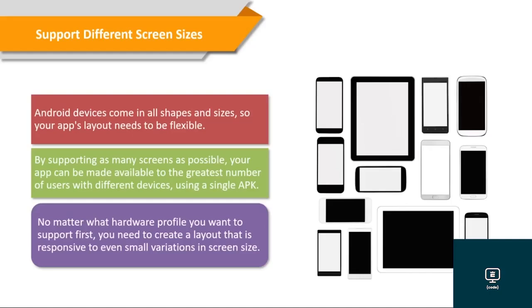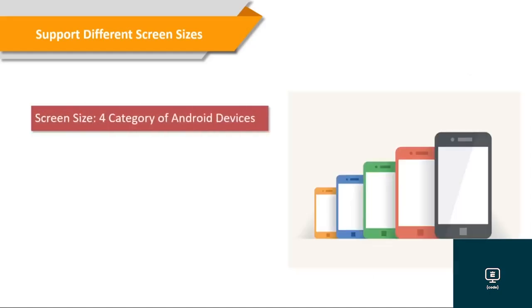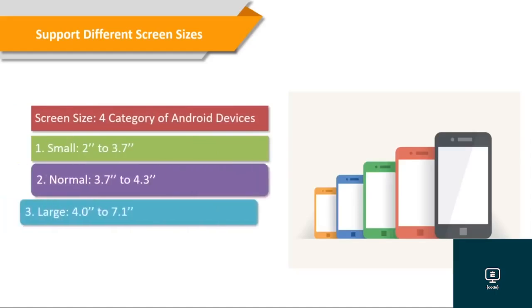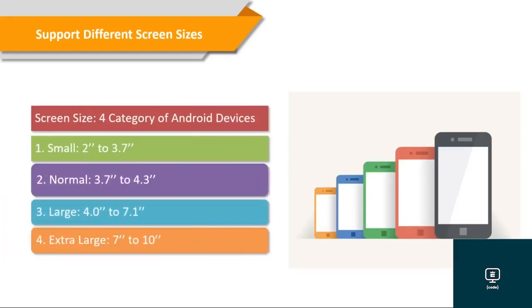Android splits devices into 4 different categories according to their screen size. These are a small screen, normal screen, large screen, and extra large screen size. So, of course, what does Android consider a small screen size? Well, it's pretty much between 2 inches and 3.7 inches.